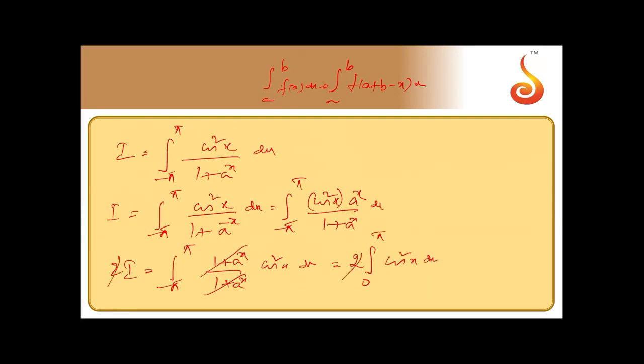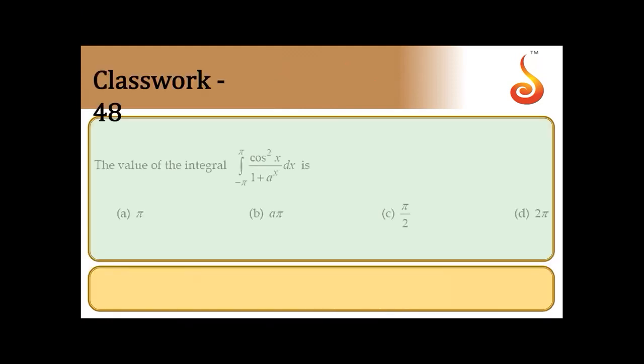So I is equal to twice integration 0 to pi by 2, cos square x dx. Applying the formula, 2 multiplied by 1 by 2 multiplied by pi by 2, so the answer is pi by 2.